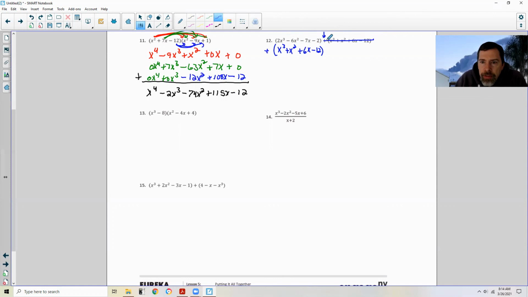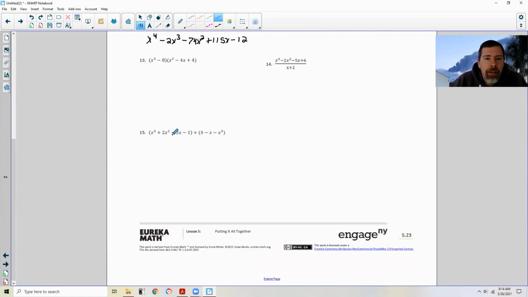It was plus. 2x cubed plus x cubed is 3x cubed. Negative 6 plus 1 is negative 5x squared. Negative 7 plus 6 is negative 1x. Negative 2 plus a negative 12 is negative 14. And there's our answer. Much easier to add and subtract than it is to divide. Okay? All right.